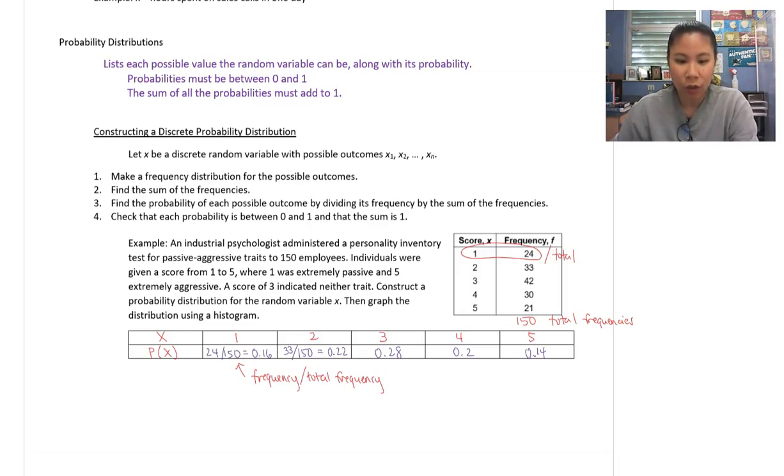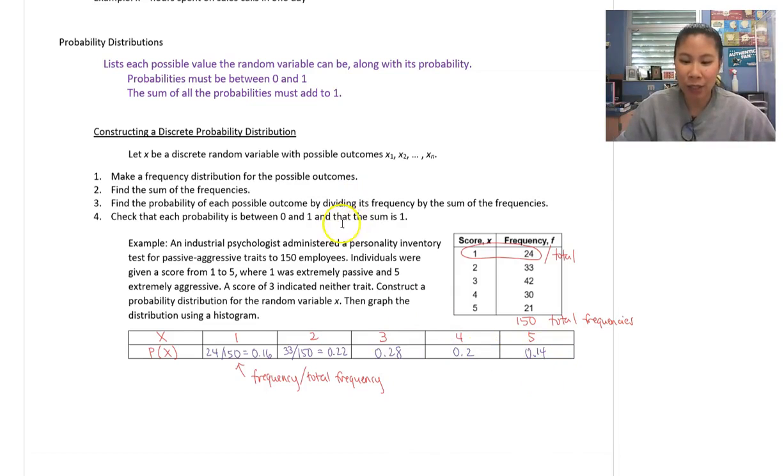Okay, so our last step is to check that each probability is between 0 and 1, and that the sum is 1. When I look at all my probabilities, 0.16 is between 0 and 1, 0.22 is between 0 and 1, 0.28, 0.2, 0.14 are all numbers between 0 and 1. Great.